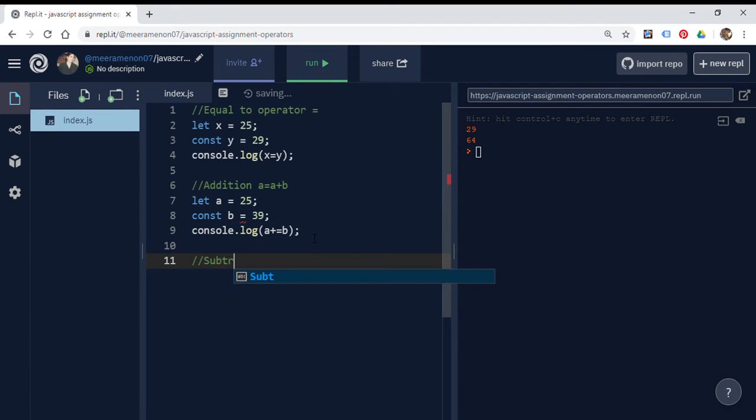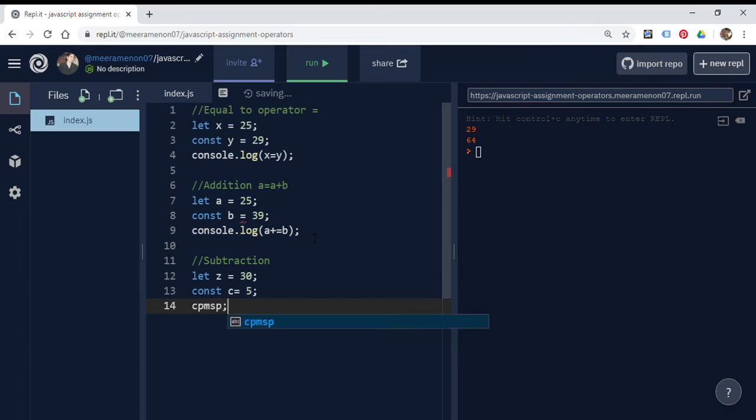Subtraction. Obviously this will be minus. So in this case, let z equal 30, and c be 5. Console.log z minus equals c.